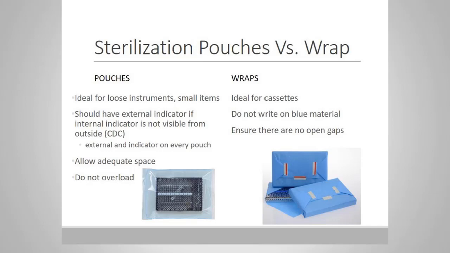And this was a question that came up from one of my attendees, that we should not overload the instrument pouches. The reason for that is, once again, we need the sterilant to penetrate the pouch and be able to touch every surface of the instrument within. If the pouch is overloaded, that may not be possible, and we could not guarantee sterility. So do not overload your pouch.